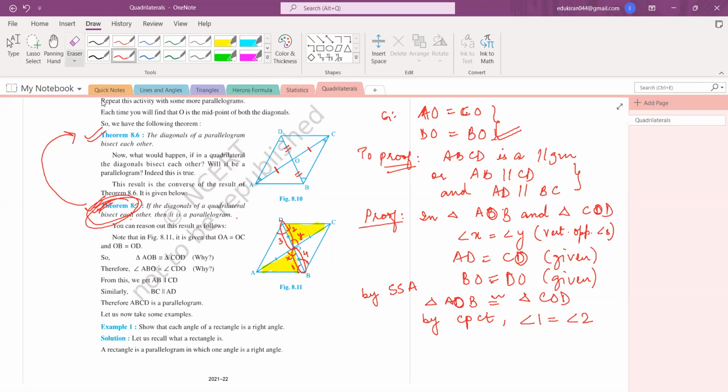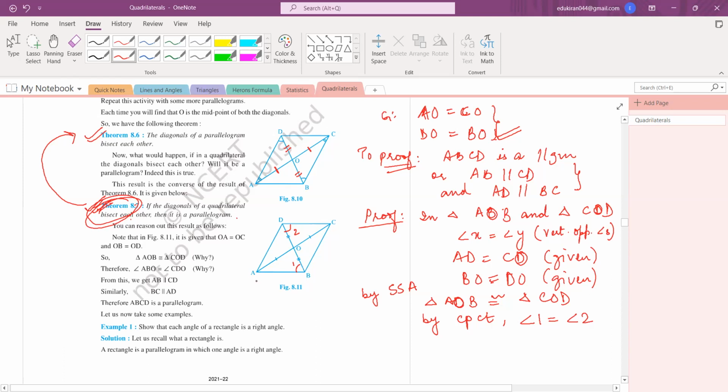Let me just clean my figure a little bit. Then you will be able to see, I think. Just a minute. Okay, this one was my angle 1 and this was my angle 2. I marked it like this. Fine. So by CPCT, angle 1 is equal to angle 2.